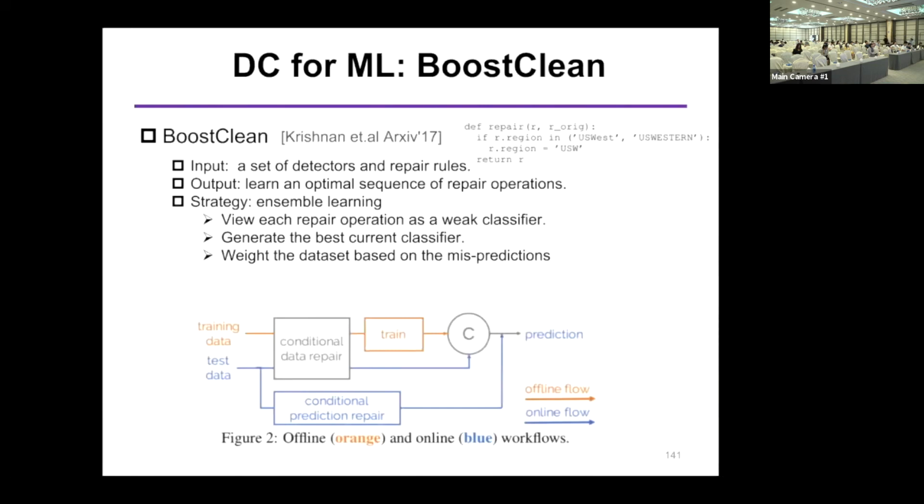So they use the boosting idea, which views each repair operation as a weak classifier and combines many of them collectively to make predictions. To be specific, in each training iteration, it first generates the best classifier on the current dataset and weights the dataset considering the missed predictions by current classifiers, and repeats the above step until the budget is used up.